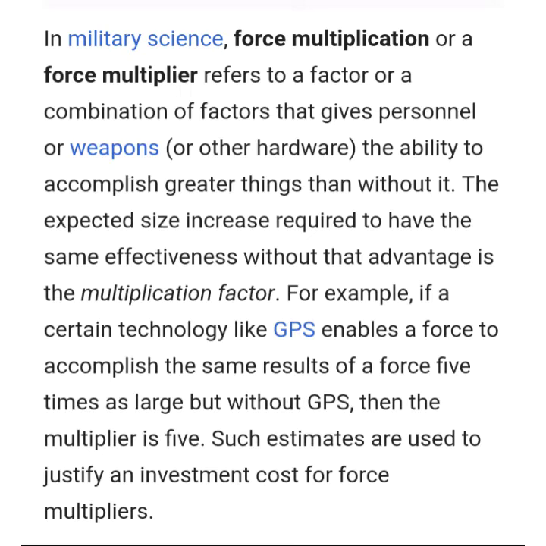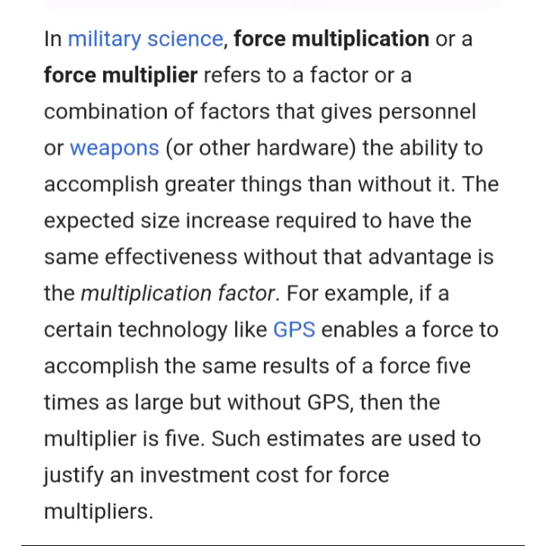In military science, force multiplication, or a force multiplier, refers to a factor or a combination of factors that gives personnel or weapons or other hardware the ability to accomplish greater things than without it. The expected size increase required to have the same effectiveness without that advantage is the multiplication factor.